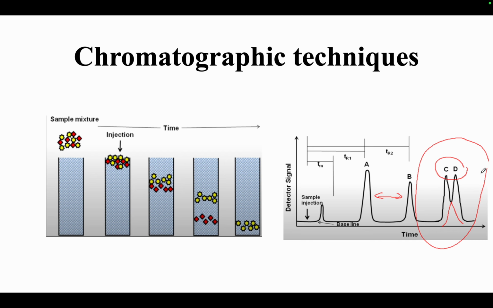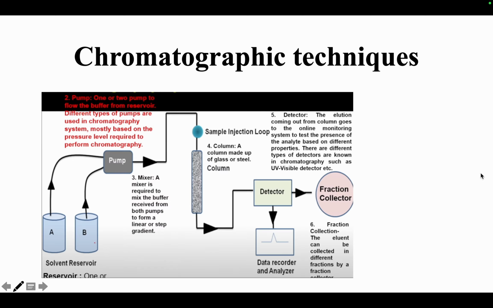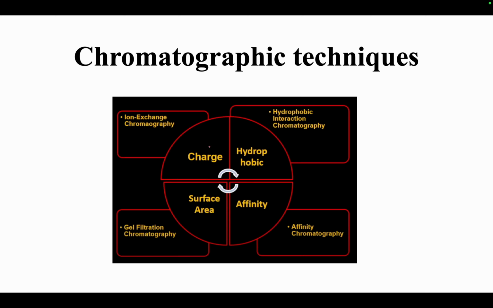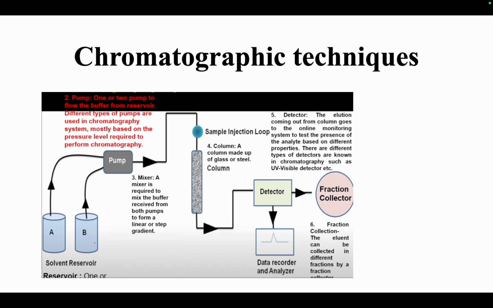Now what are the different chromatographic techniques? Before that, we'll go into detail about the basic units. First we have a reservoir, which is where we can load our samples, that is A and B, and the samples will go to the pump.